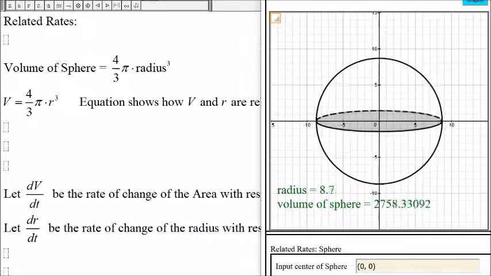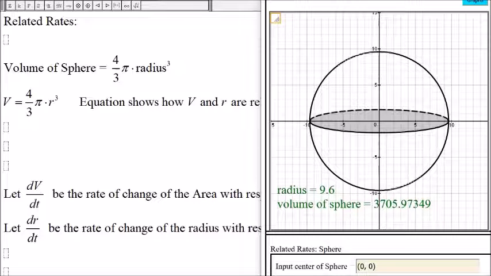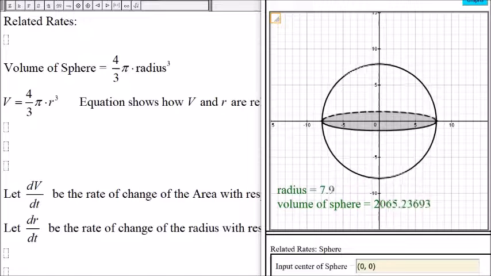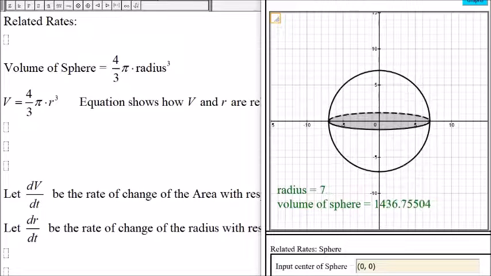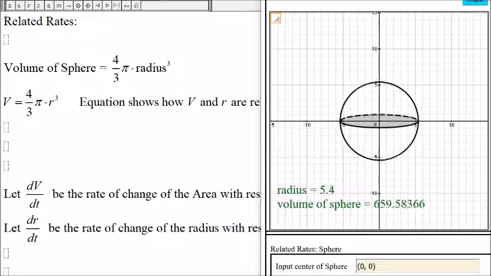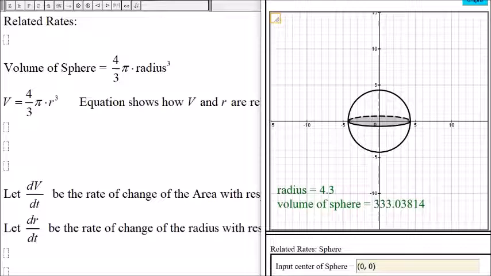But we'd like to know how the two rates are related. And then we'd like to know at the instant when the radius is 4 inches, what is the rate of change of the volume at that instant.